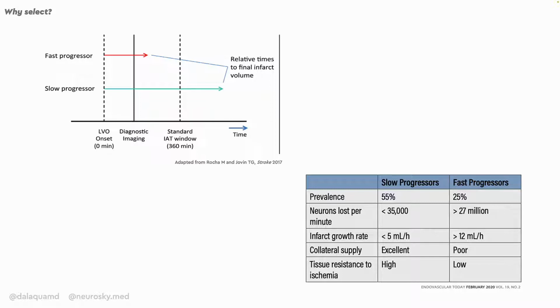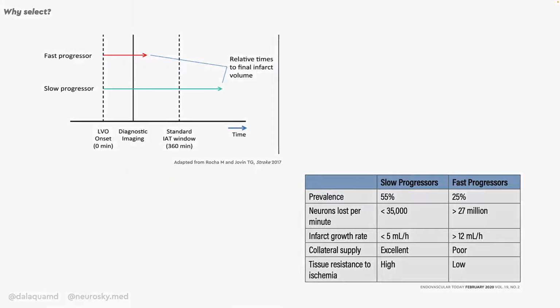And this tissue with more collaterals is highly resistant to ischemia. On the other hand, the fast progressors are the patients that have fewer collaterals, will lose many more neurons per minute and are much less resistant to ischemia.